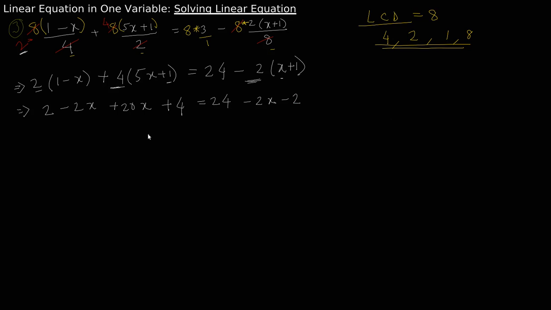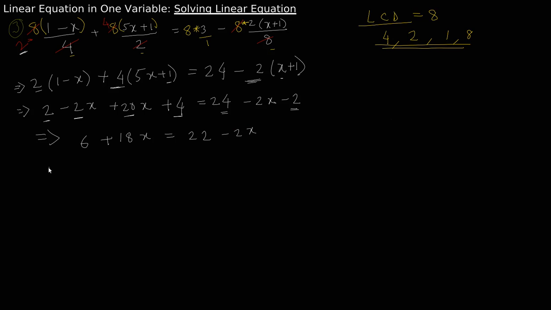So that is my simplification. Let's simplify a little bit more. So 2 plus 4 is 6, and then negative 2x plus 20x gives positive 18x, equals 24 minus 2 is 22, and minus 2x.